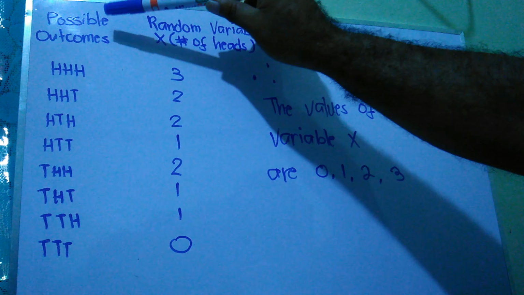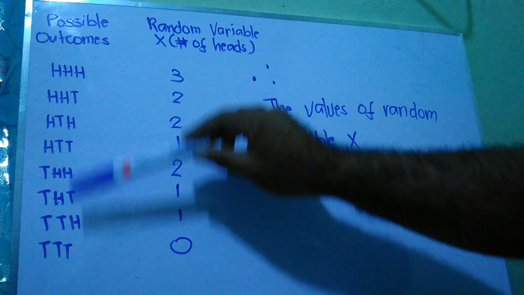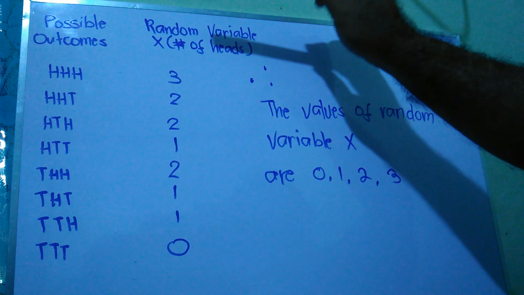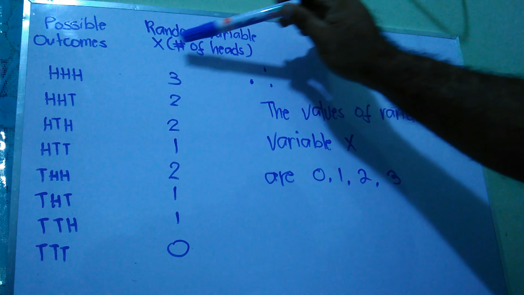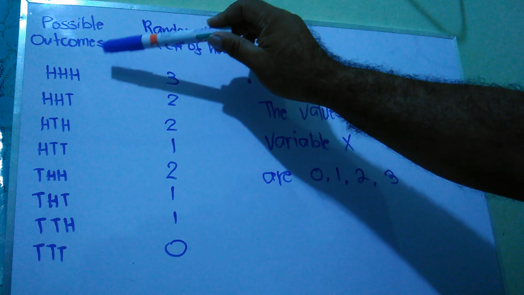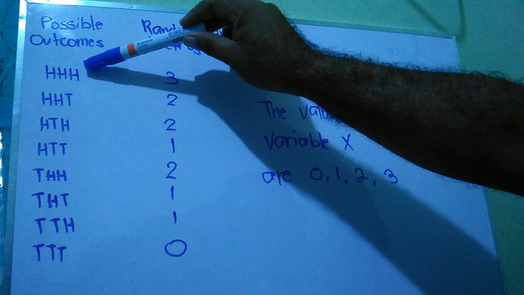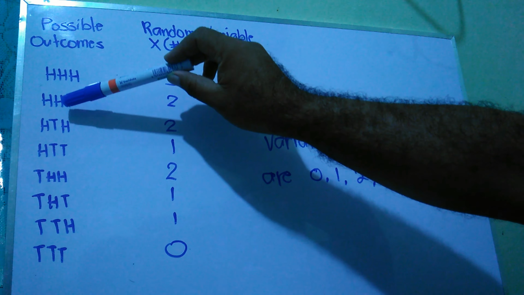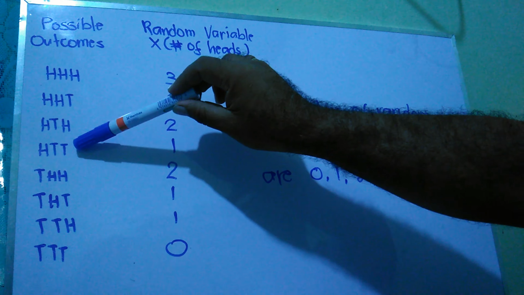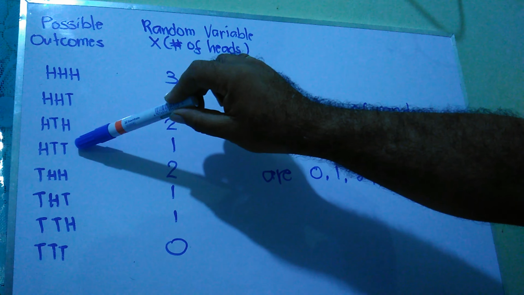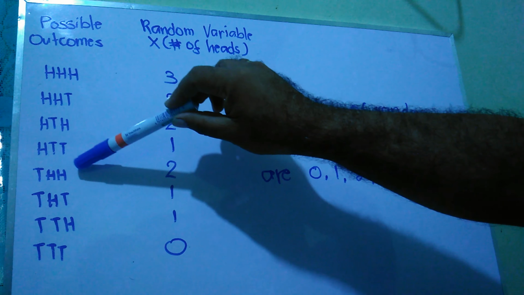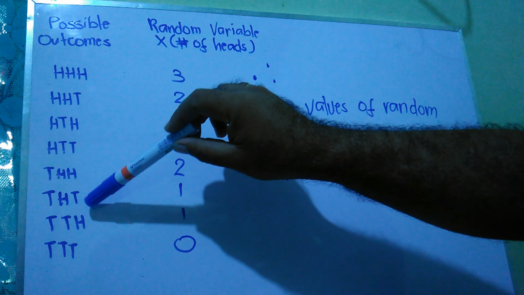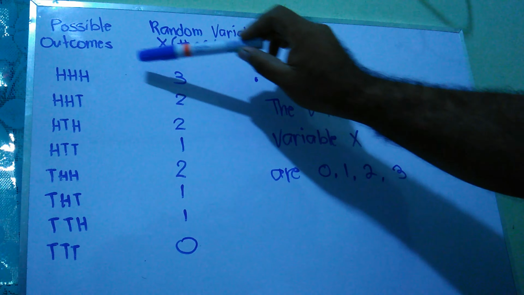The first column is the possible outcomes, and the second column is the possible values of the random variable X. In the first column we have three heads, two heads and one tail, two heads and one tail, one head and two tails, and two heads and one tail, then the last is three tails.